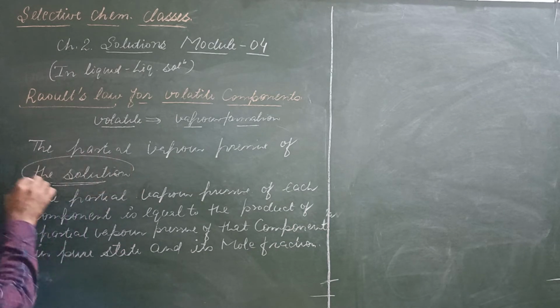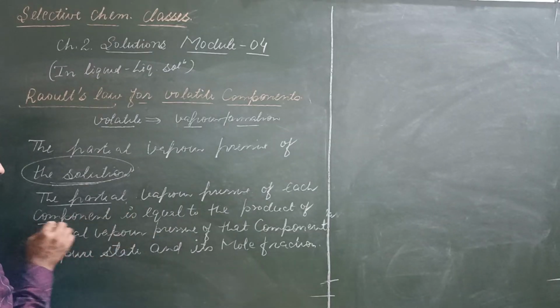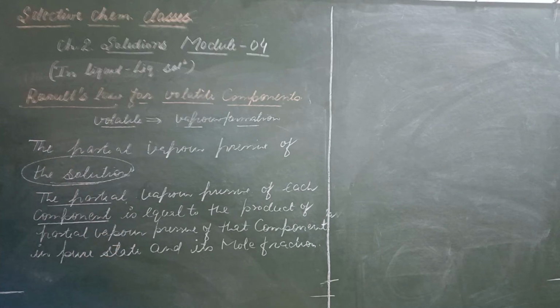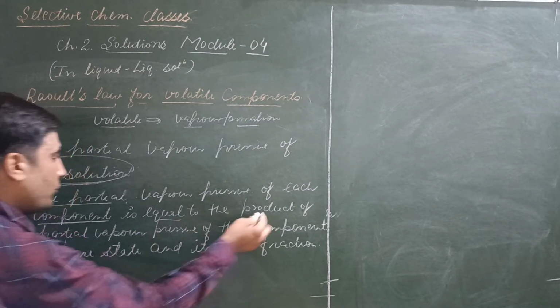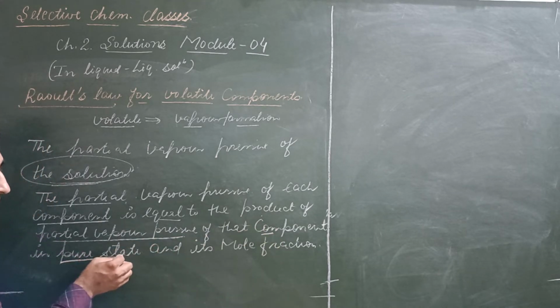So, in case of solution, the partial vapor pressure of each component is equal to the product of partial vapor pressure of that component in pure state and its mole fraction.